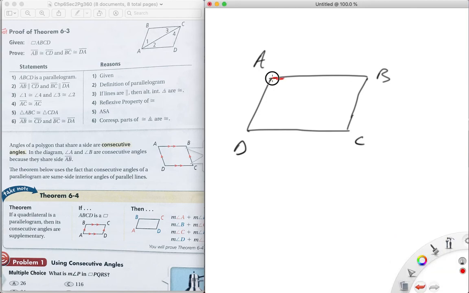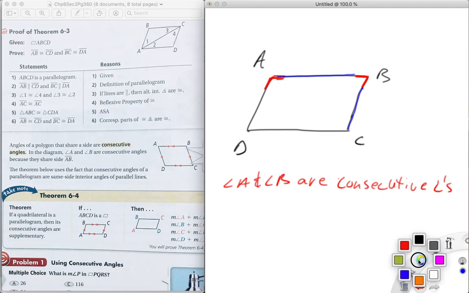Angle A and angle B are consecutive angles because they share a common side, and this is the common side that they share. Angle B also shares a common side with angle C, so angle B and C are also consecutive angles.